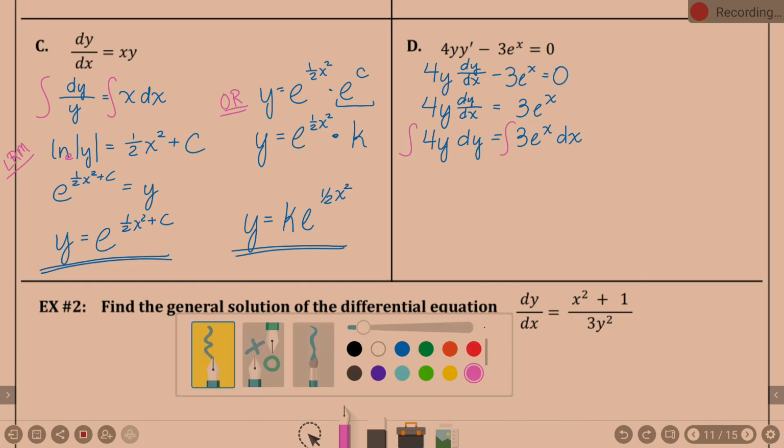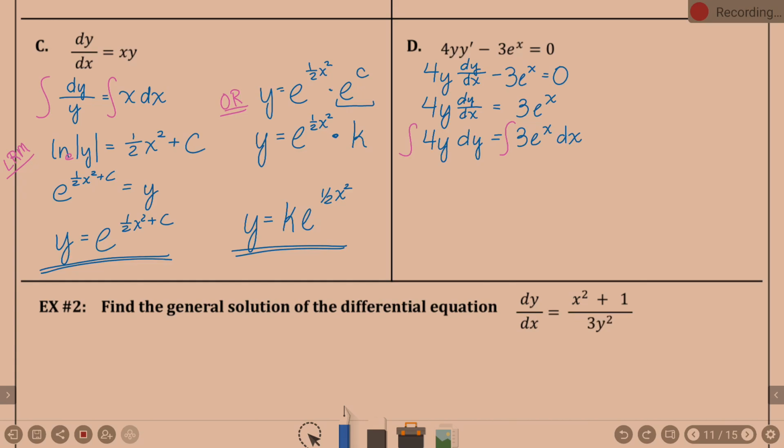What's the integral of 4y? Let's see, 2y squared. Add 1 to the power, divide by the new power. Integral of 3e to the x is 3e to the x. And don't forget, plus c. Okay.